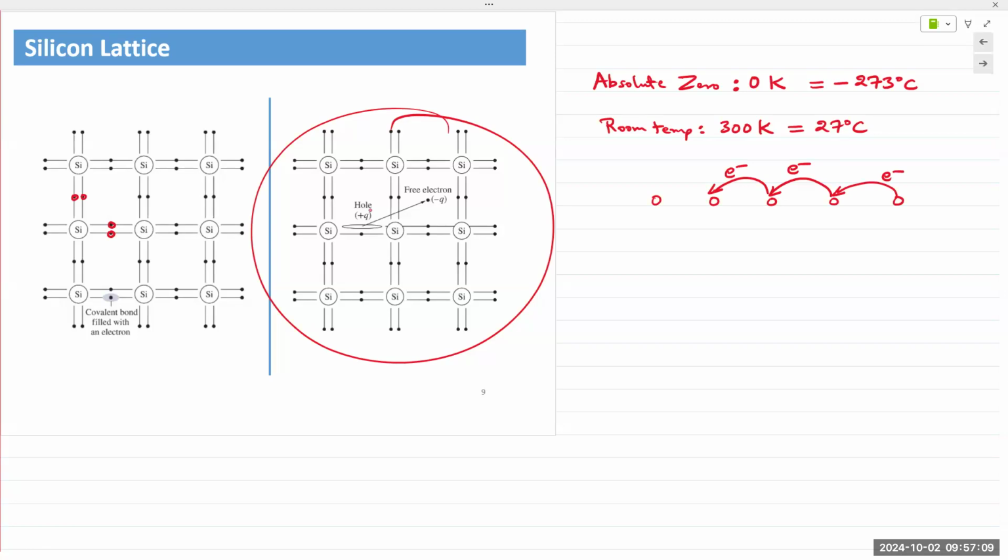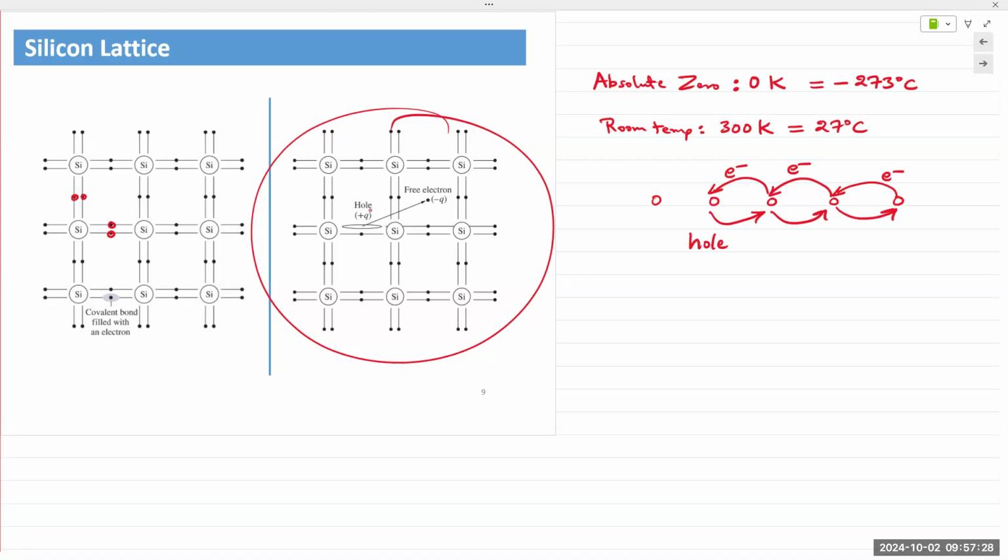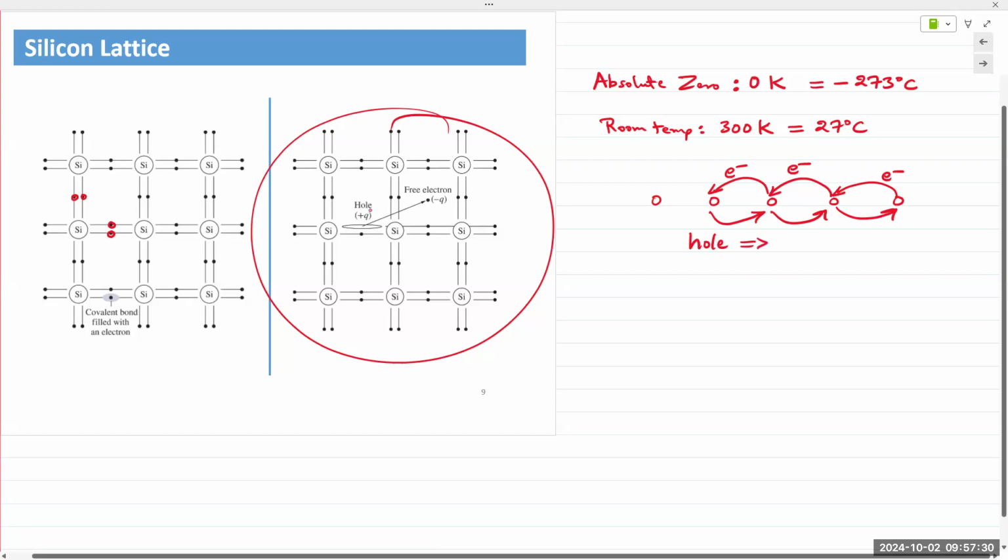That empty spot is treated as a particle by itself. That particle is known as a hole.